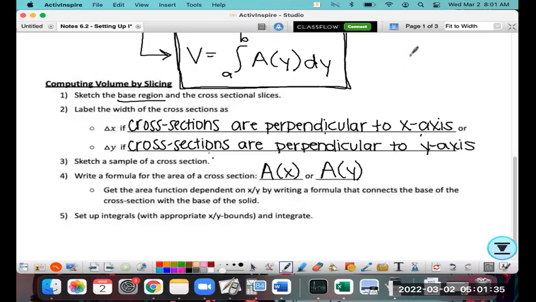And then you can integrate. For the sake of making this not the longest video lecture ever, I will use the calculator to integrate these. However, if there's enough room on your paper for you to integrate by hand, please do that. Well, not on this paper, but I'm talking about like in practice.